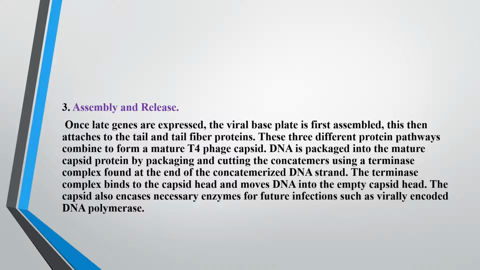The DNA is packaged into a mature capsid by packing and cutting the concatemers using a terminase complex found at the end of the concatemerized DNA strand. The terminase complex binds to the capsid head and moves DNA into the empty capsid. The capsid also encases necessary enzymes for future infections, such as virally encoded DNA polymerase.